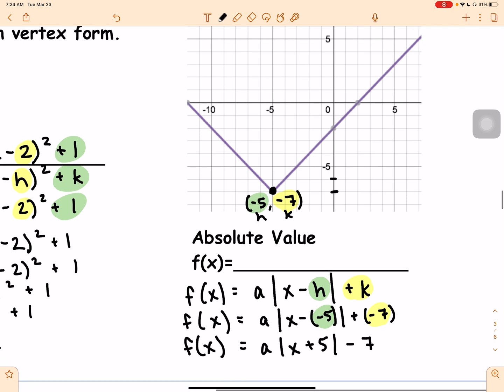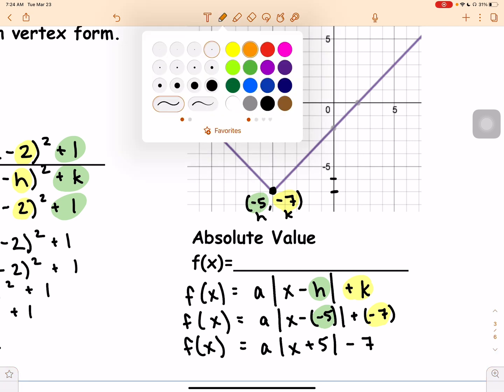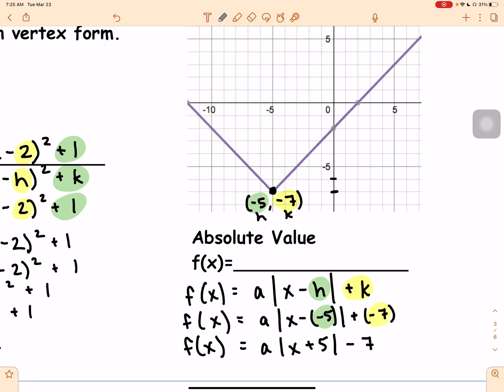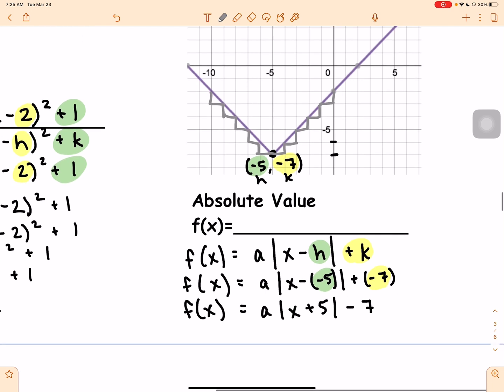Now, for this a, I want to show you a little shortcut. We know that the basic absolute value from the vertex goes over 1, up 1, over 1, up 1, over 1, up 1. This is the parent graph. The parent graph always goes over 1, up 1. So if you notice it's the parent graph, you don't need to waste your time solving for a. a is just 1.